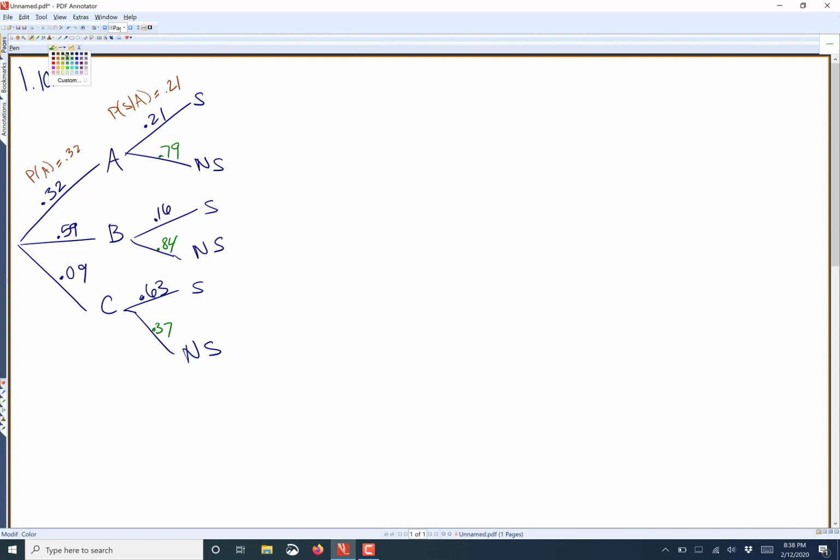Now that we've done all of that, I like to come through and find the intersections before I do anything else. So let's see. So the probability of A and S, or A and symptoms, is going to be equal to, well, we just multiply, because it would be the conditional probability times the probability of what's given, or you just know you always multiply along the branches.